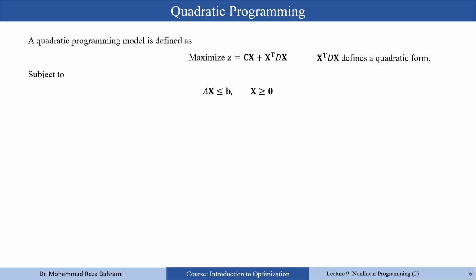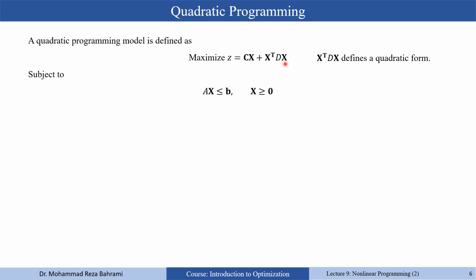The first algorithm is quadratic programming, which is defined as follows. We have a maximization of an objective function, and we write our objective function in matrix form: Cx plus x transpose Dx.